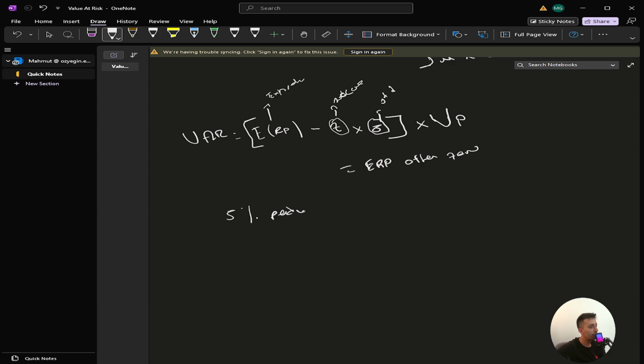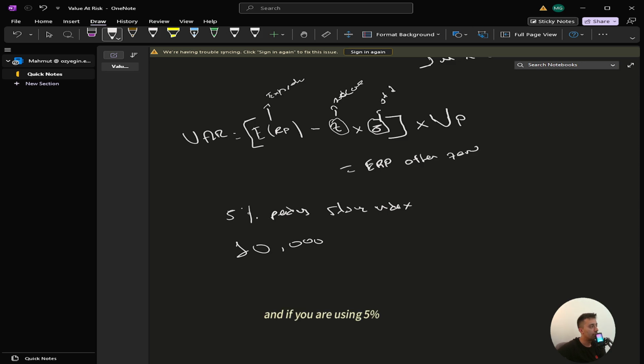This is a stock index example, because if you want to invest 10,000 in the index, we need to calculate our value at risk and maybe interpret it.